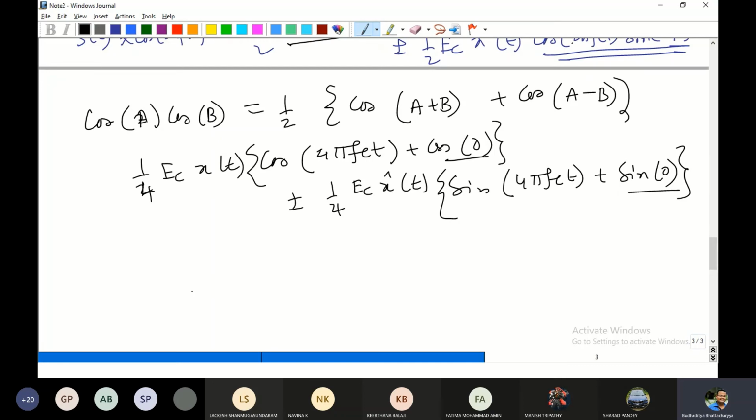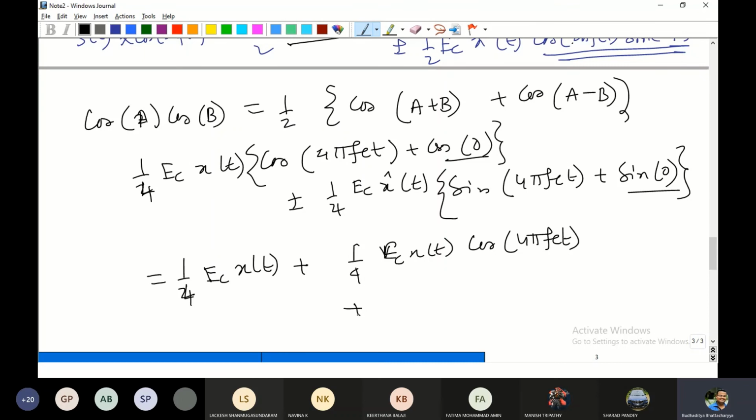The final outcome is 1/4 EC X(t) plus 1/4 EC X(t) cos 4 pi FCT, and the final term is plus minus EC by 4 X prime T sine of 4 pi FCT. So these are the final outcome that we are getting.